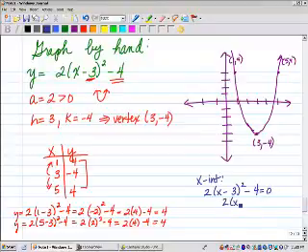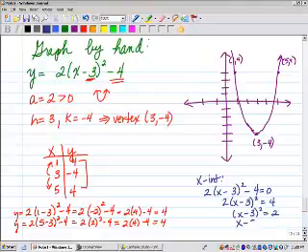If I isolate the factor that's squared, I'd have 2 times (x minus 3) squared equals 4. Then I could divide by 2 to get (x minus 3) squared is equal to 2. Then we can apply the square root property to get x minus 3 is equal to plus or minus the square root of 2. So that would be 3 plus or minus the square root of 2.